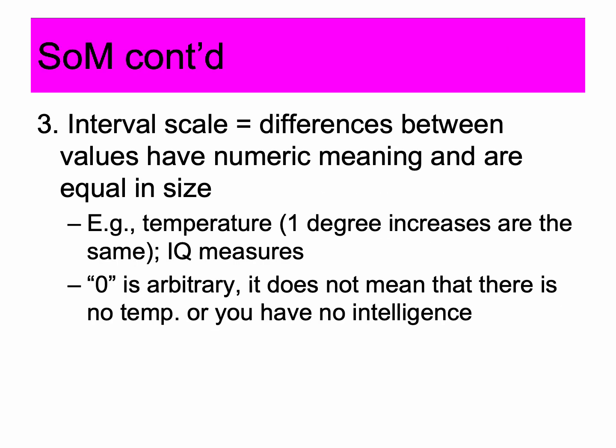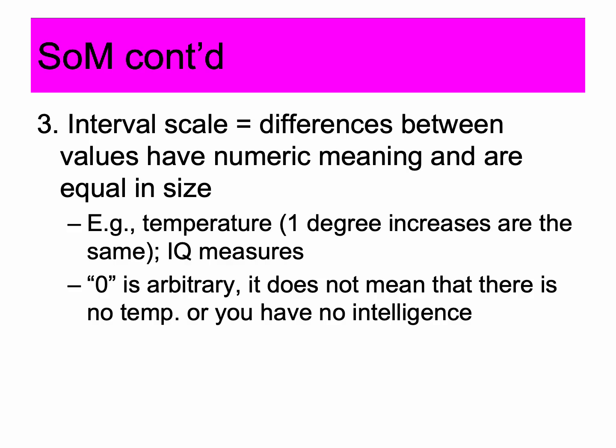So our third scale of measurement that we're going to talk about is interval scale. And with interval scale, the differences between the values have actual numeric meaning, and the numbers are equal in size as we go across the scale. So temperature is an example. Here we have 1 degree increase if you go from 70 to 71 degrees versus 85 to 86 degrees. That's still a 1 degree increase.